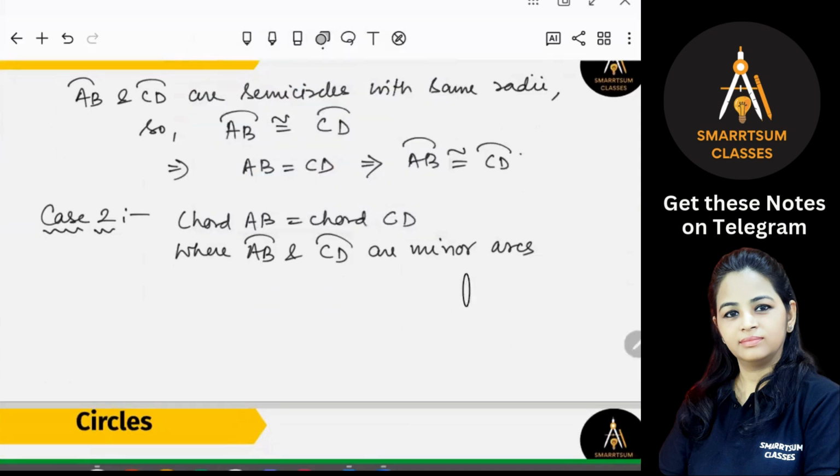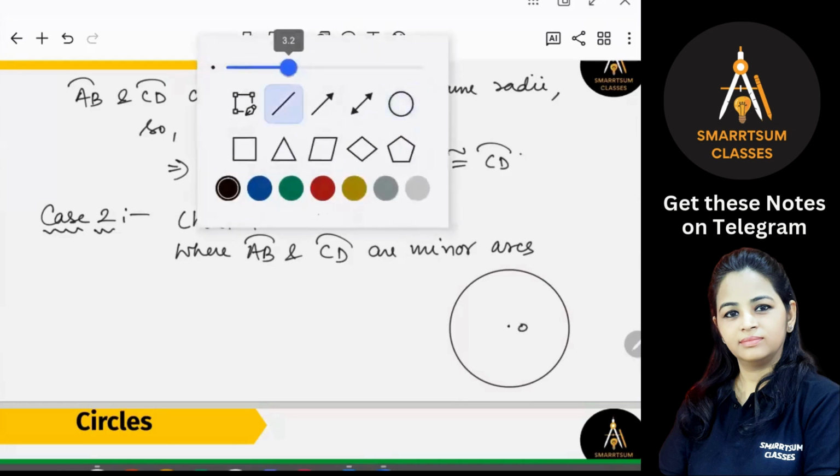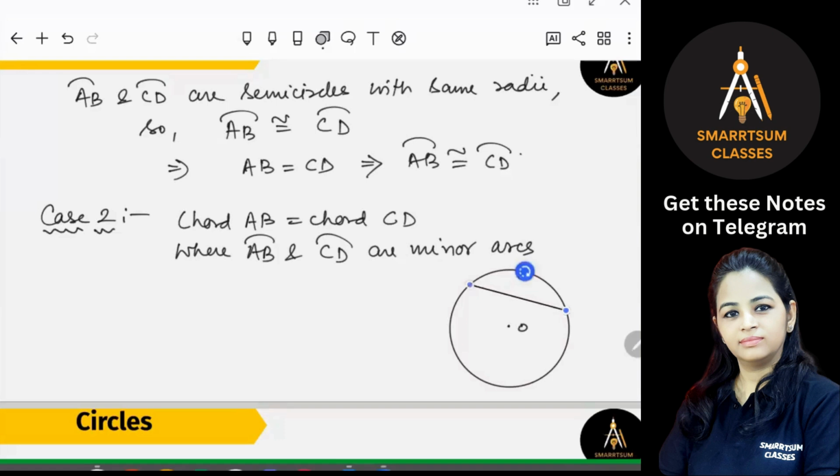Now let's again draw a circle here. Center is O. Now draw the two chords here, AB and CD. This is suppose AB. This is CD.